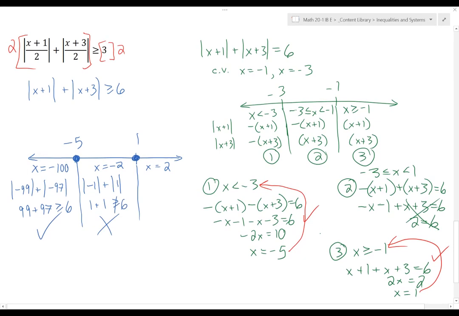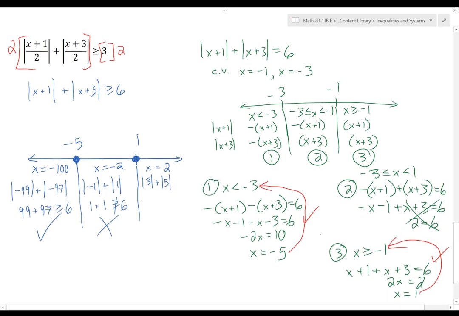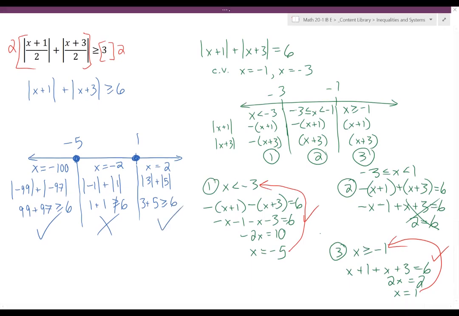So this interval isn't included. I expect, because you start to notice patterns, that this next interval will be included, but you need to check. So I've got the absolute value of 2 plus 1, which is 3, plus the absolute value of 2 plus 3, which is 5. 3 plus 5 is also greater than or equal to 6, so that is included.